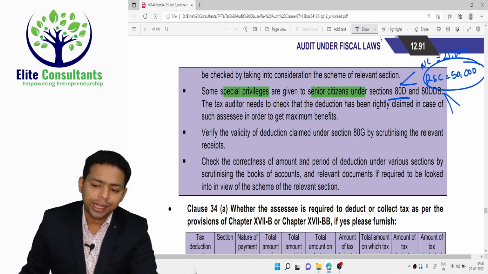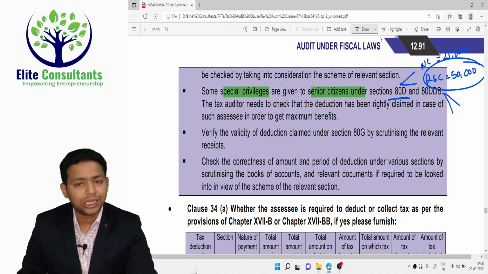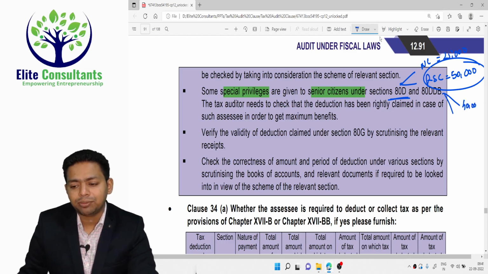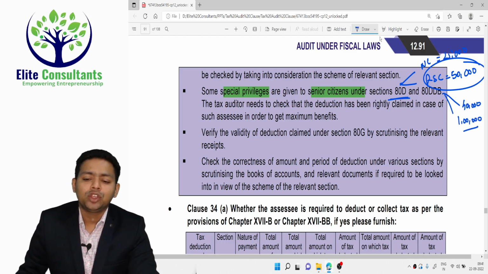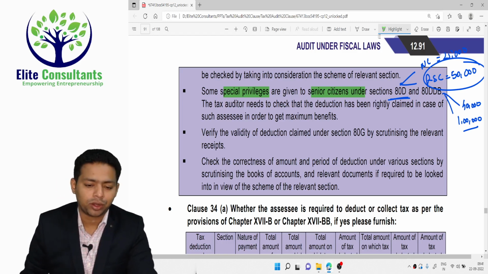Okay. 80DDB, it is about treatment of specified disease. Certain diseases are mentioned in this particular section. For normal citizen, the maximum limit is 40,000, whereas for senior citizen, limit is 1 lakh. So this is just an example. We are telling you that whenever there are certain special privileges provided in the law, you please check whether it is rightly claimed, whether the conditions are complied or not complied.